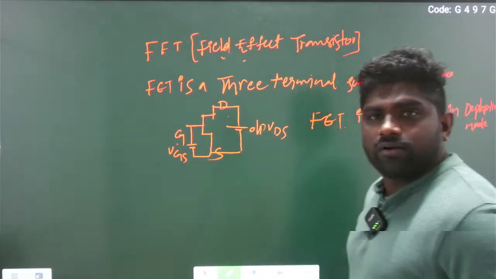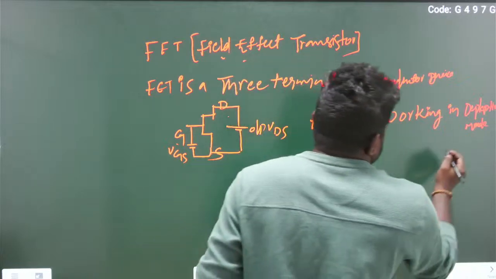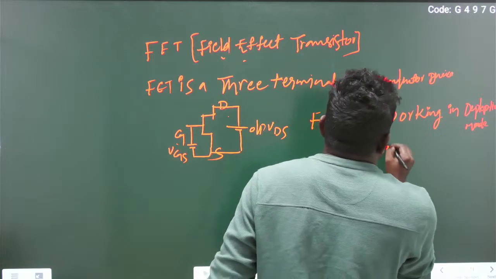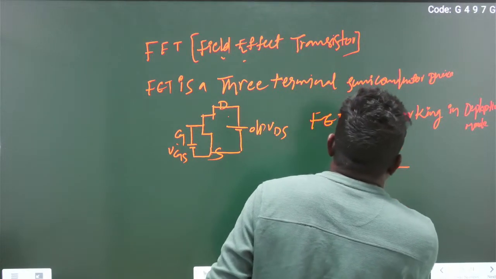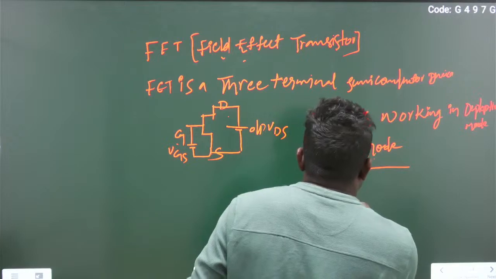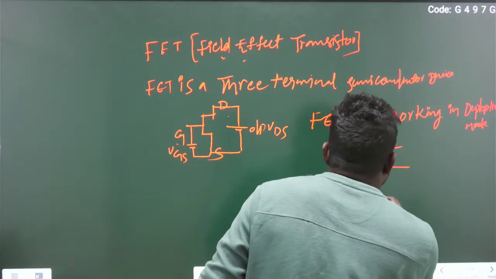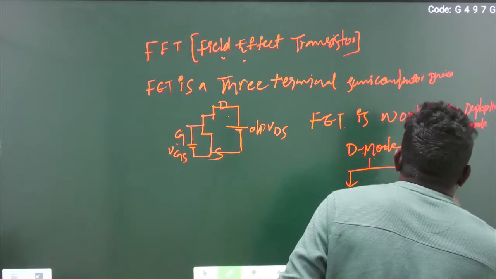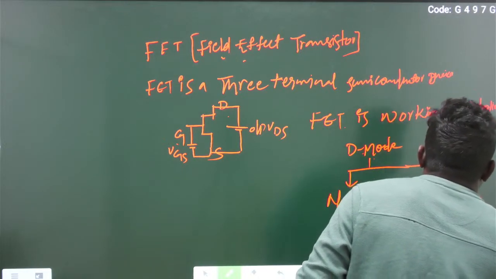This depletion mode has two types. One is N channel depletion mode and the other one is P channel depletion mode.